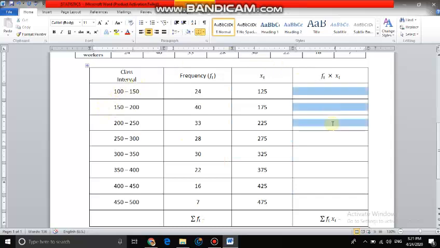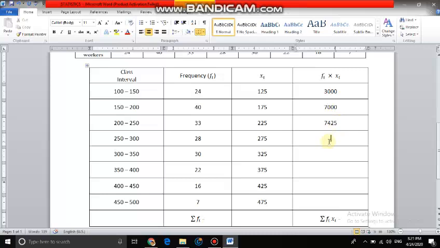Now this is the Fi Xi column. You will find this Fi Xi by multiplying the Fi value and the Xi value. So 24 into 125 is 3000. Then 175 into 40 is 7000. Then 33 into 225 is 7425.